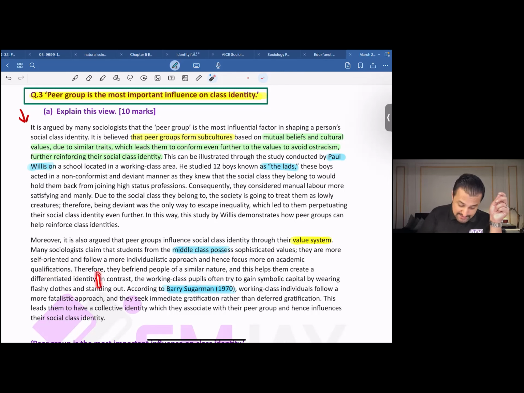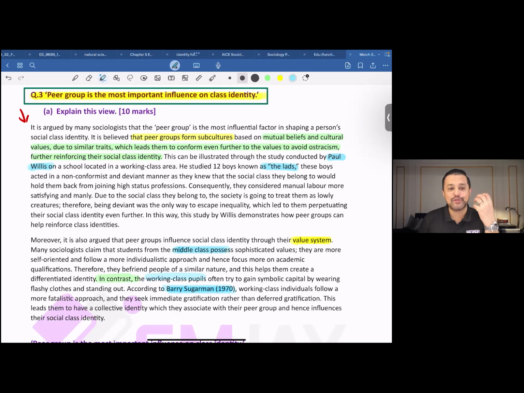In contrast, the working class pupils often try to gain symbolic capital by wearing, let's just say, flashy clothes and standing out. For them, how they look, their demeanor, matters more.